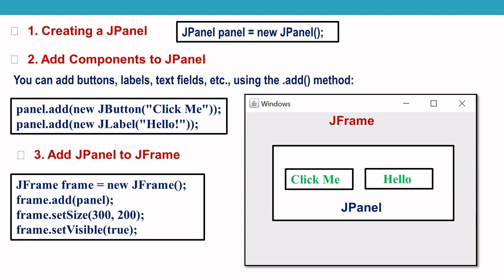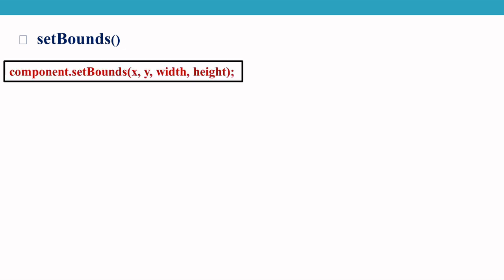Here we discuss one more method, setBounds, and this method is used on every component to set the components inside a JFrame. This is the syntax of the setBounds method.